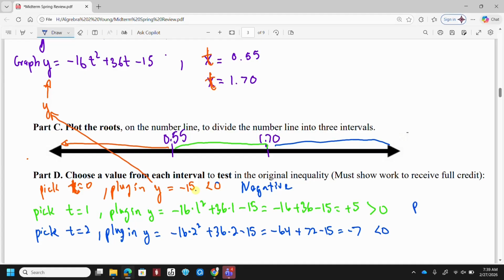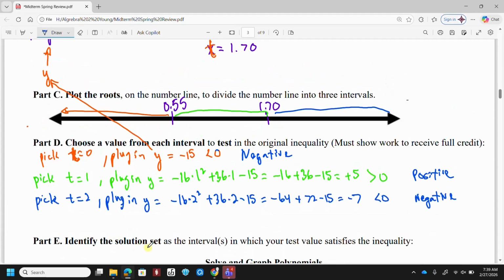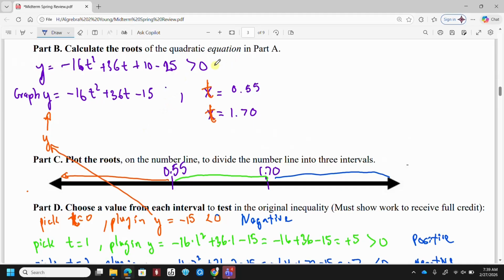Greater than 0, you're going to have positive, and this is a negative number. All right, so now identify the solution set as the interval. What do we need here? We need greater than 0. When it's greater than 0, it's going to be positive, so we want positive.